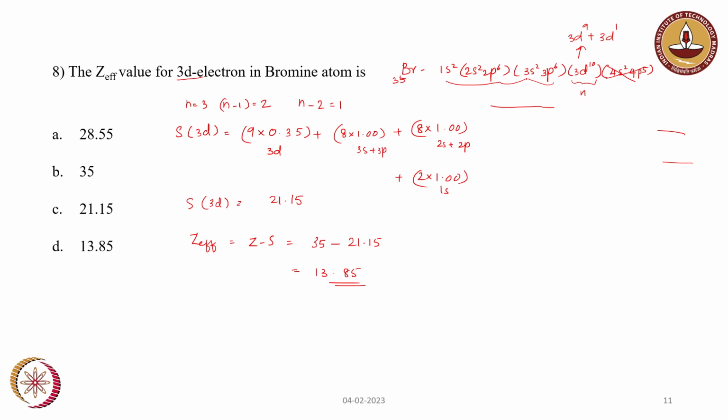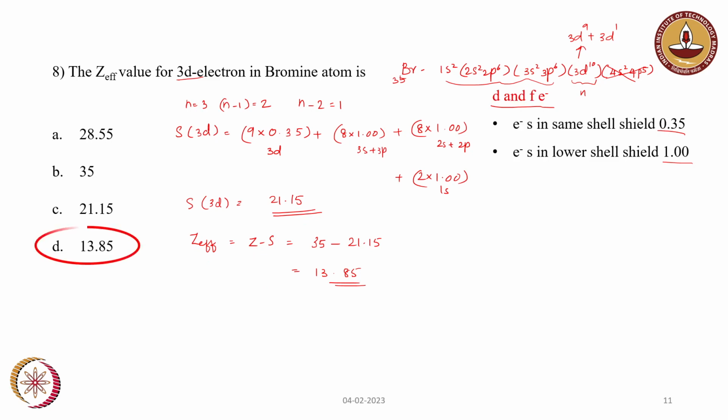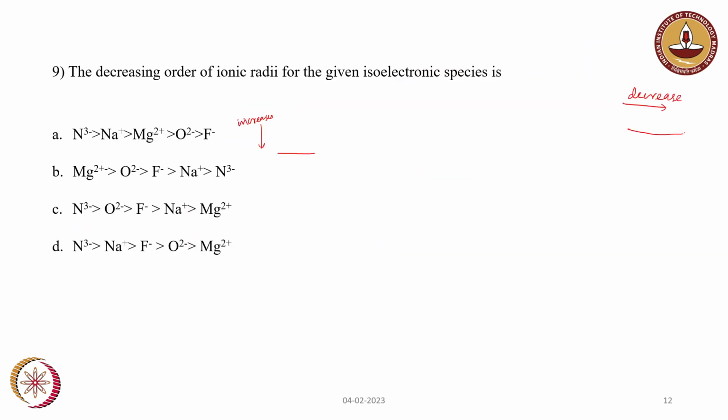We calculated the screening constant for all the electrons before 3D, and the 9 electrons in 3D, and we got the screening constant as 21.15, and Z effective as 13.85.